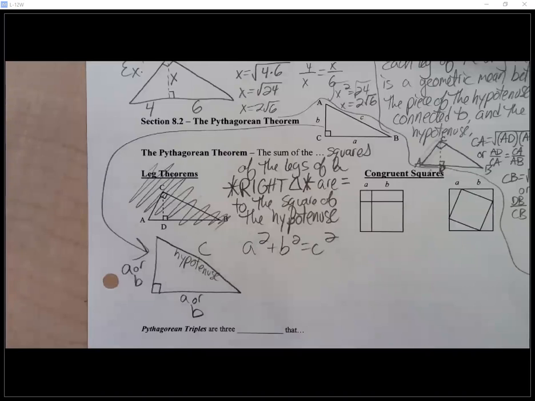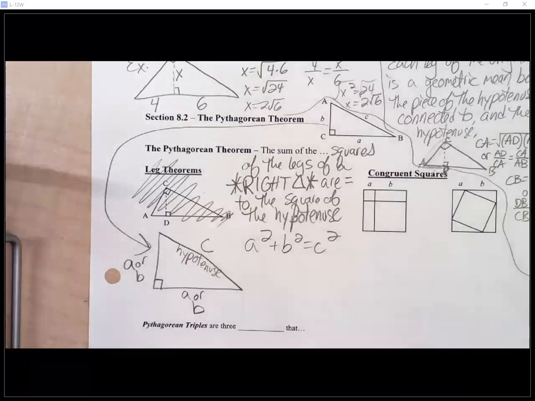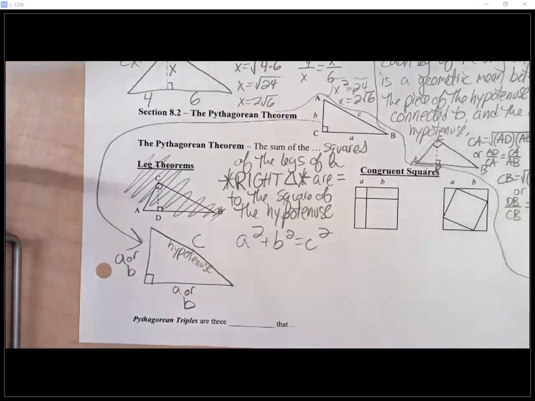So could you please come on up and grab one of these sheets of paper and a pair of scissors? Do I have enough scissors?